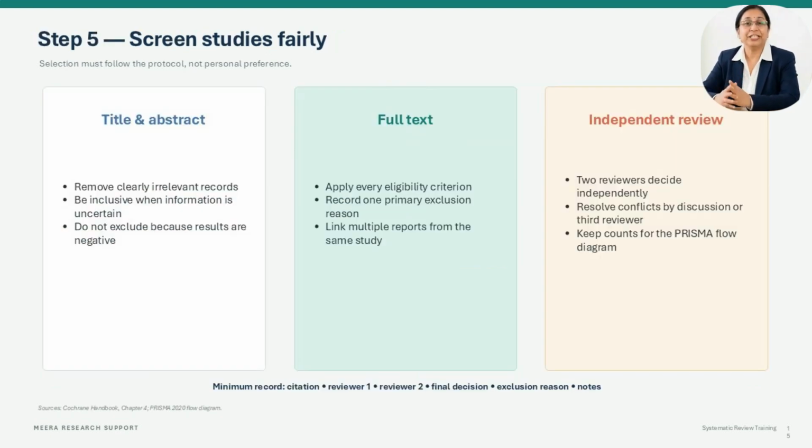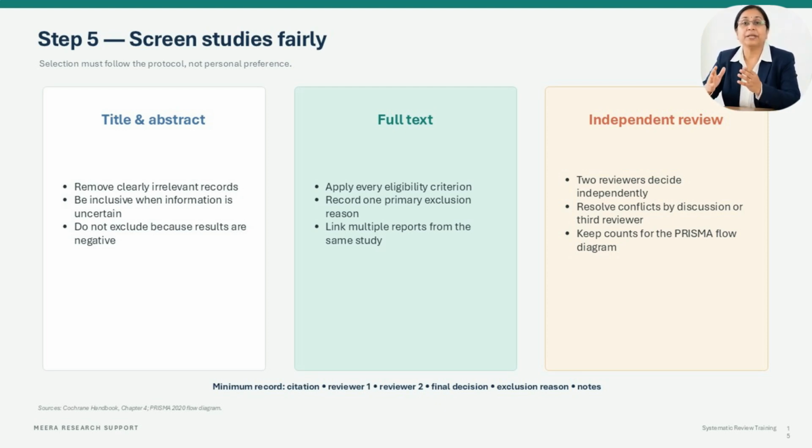Screening occurs in stages. At title and abstract screening, remove clearly irrelevant records but carry uncertain records forward. At full text screening, apply all eligibility criteria and record one primary reason when a study is excluded.